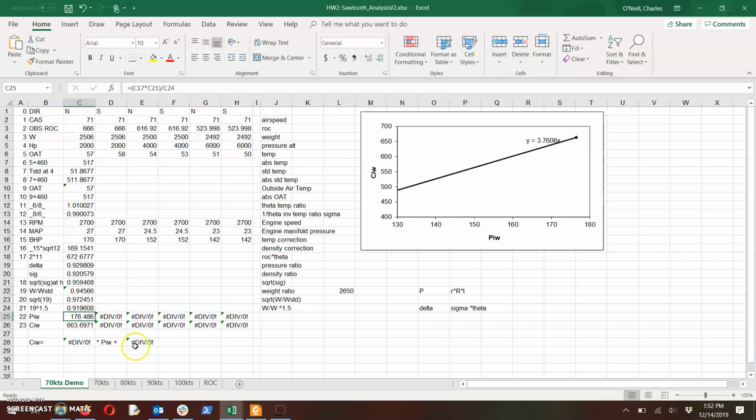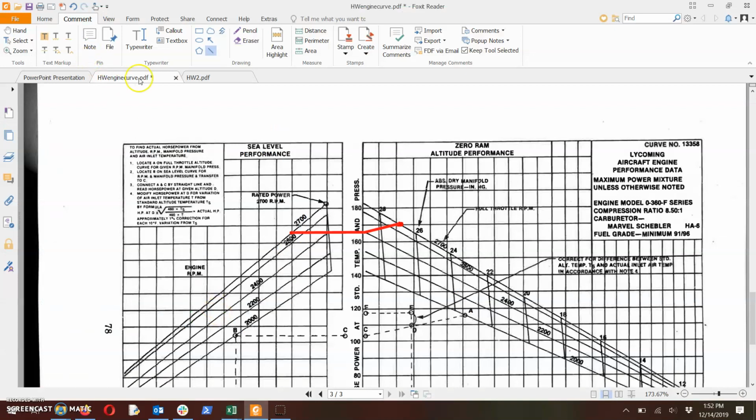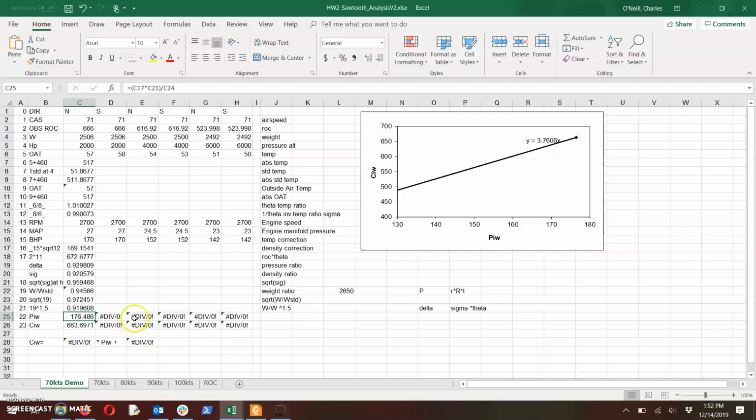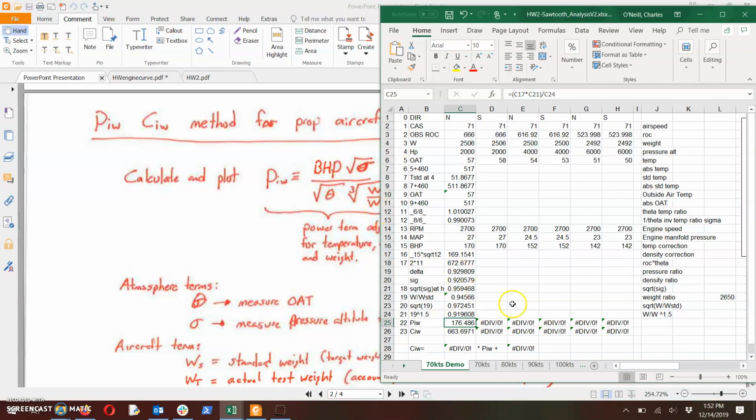So PIW, if we remember back from our PIW is brake horsepower, some temperature and density ratios, and then the square root, or the 3/2 power of the weight ratio. So if we go look at that, make sure we did this right. PIW is brake horsepower, which is C17.